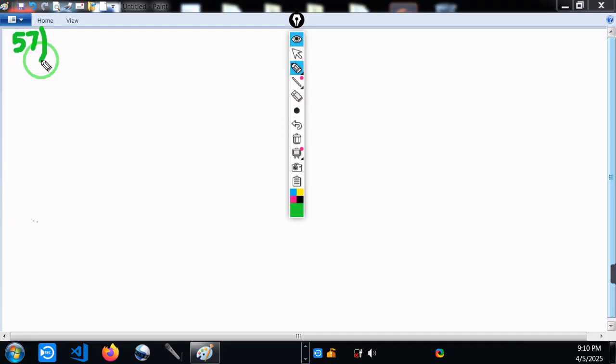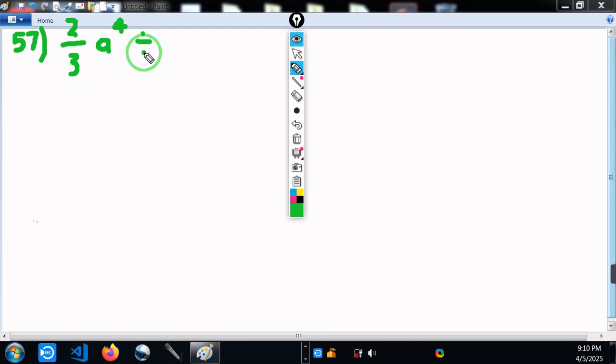The next one, 57, will be 2 over 3a to the power of 4. 2 over 3a to the power of 4. Then we want to divide. Let me have a look.